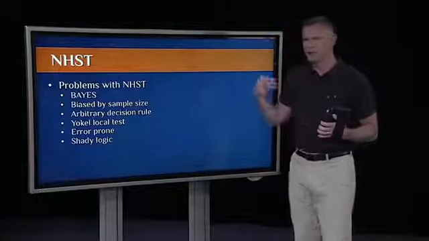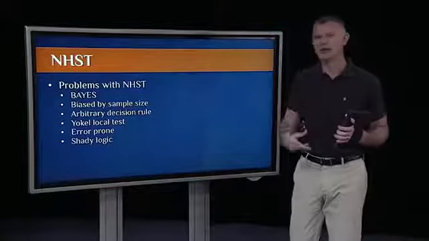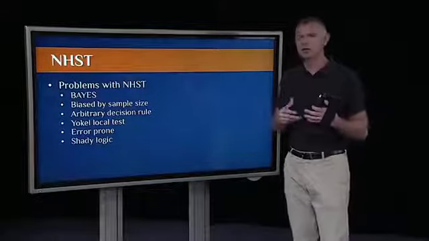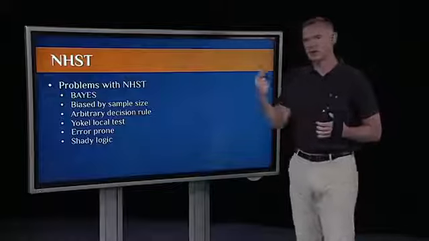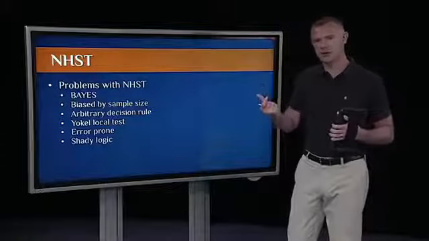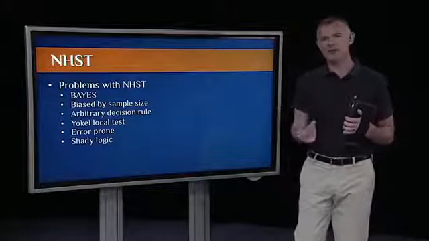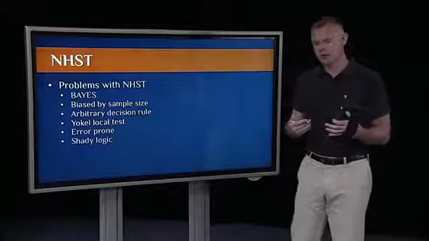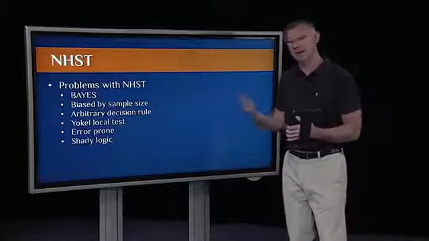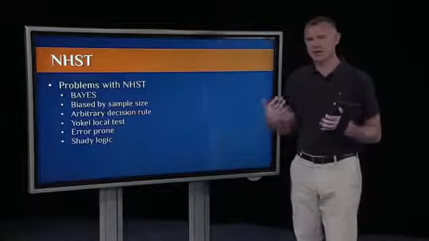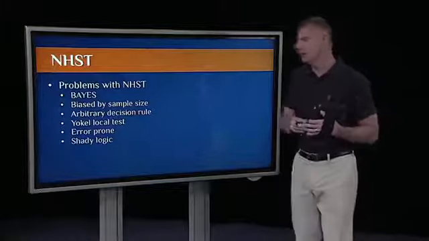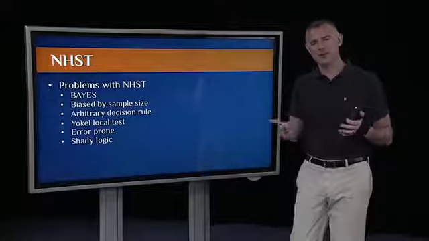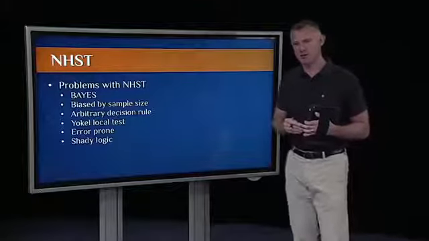And remember, it also forces us to engage in what I called shady logic. Remember, the modus tollens logic that we use in null hypothesis significance testing would be fine if we didn't engage in this probabilistic reasoning. Once we made it probabilistic, as I showed you back in those lectures, it became what I call shady. So that's the Bayes acronym to remember these multiple problems associated with NHST.